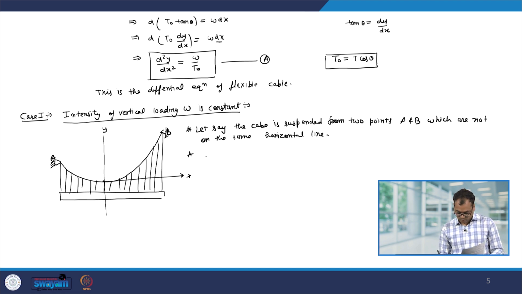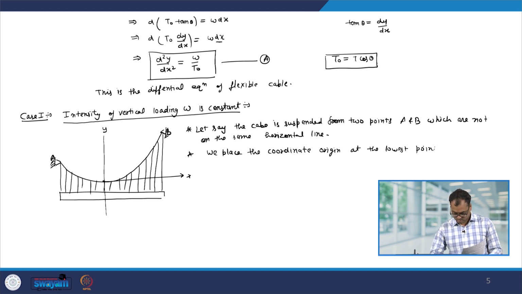Okay. So, we placed the coordinate origin at the lowest point of the cable.